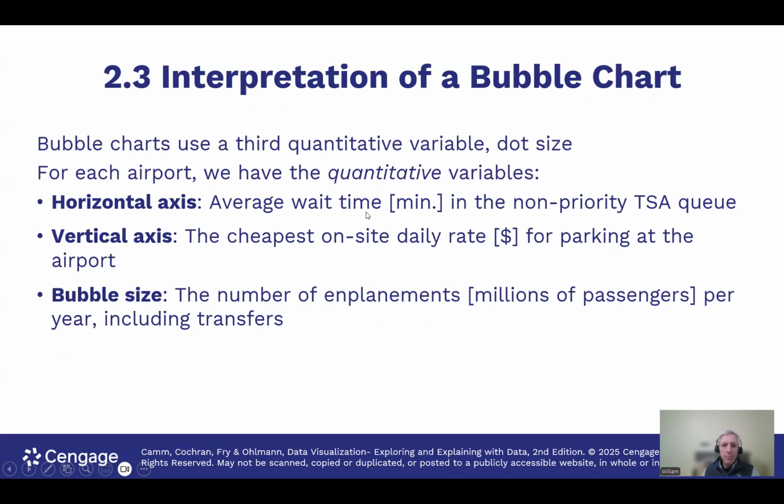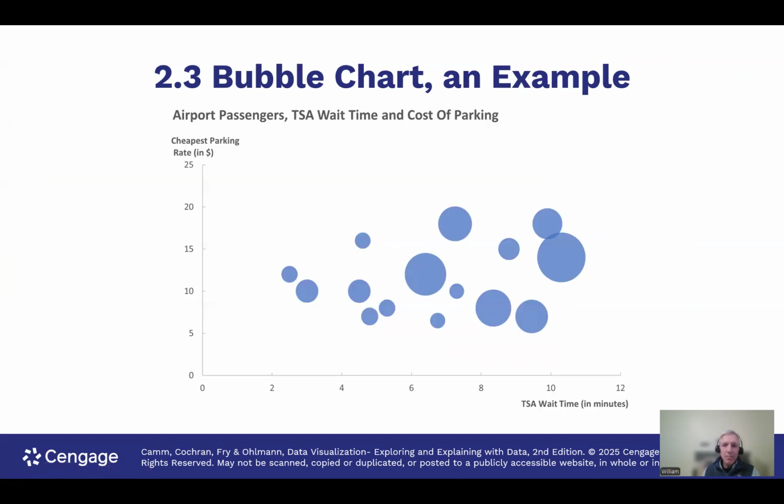I'm always a bit sarcastic about how the airline industry wants to come up with their own descriptive term for things. So they call that enplanements because they could do that in one word versus saying passengers per plane or something like that. Anyway, that's enplanements. That's the number of passengers that were presumably departing from that airport. And so the bigger the size, the more passengers.